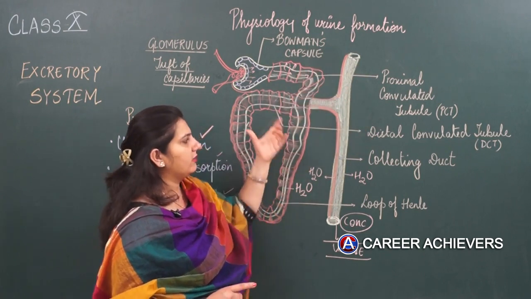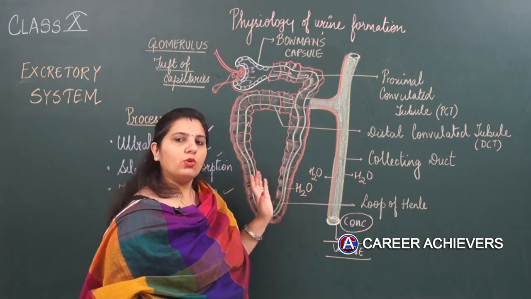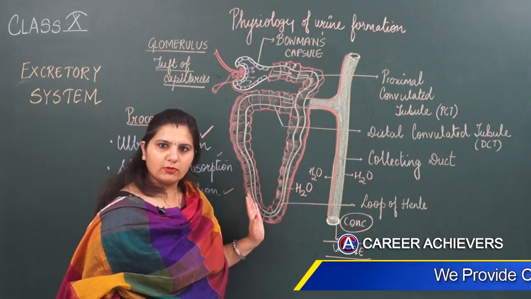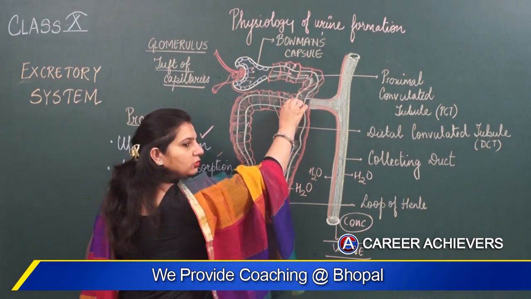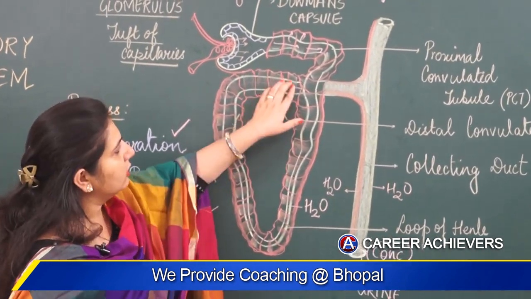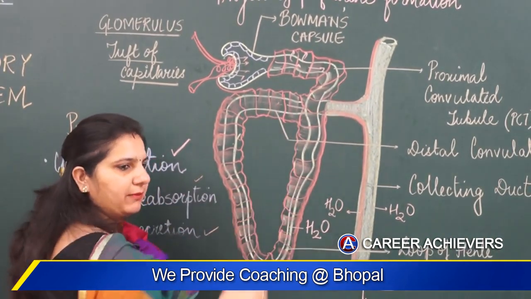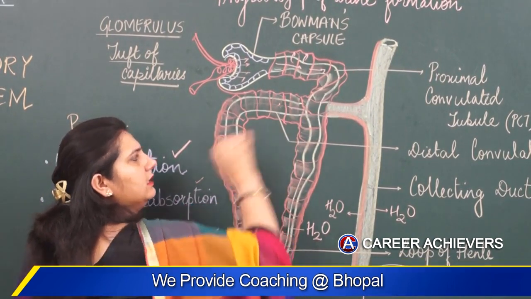Now the filtrate is coming into the loop of Henle. Here only water gets absorbed, nothing else is getting absorbed from the loop of Henle. Now this filtrate gets transferred to the distal convoluted tubule. In the distal convoluted tubule, many things that are still left in the capillary network get actively secreted into this filtrate.